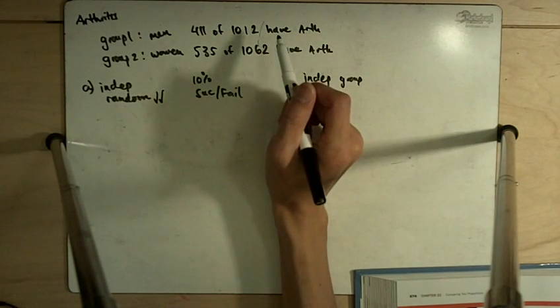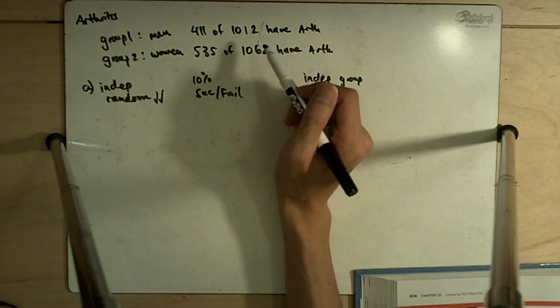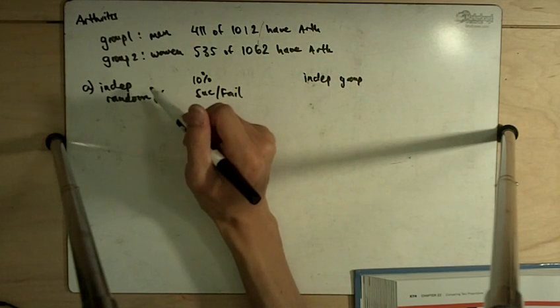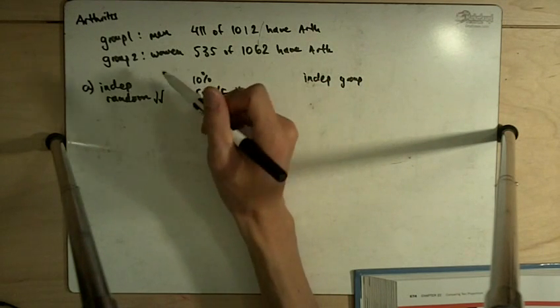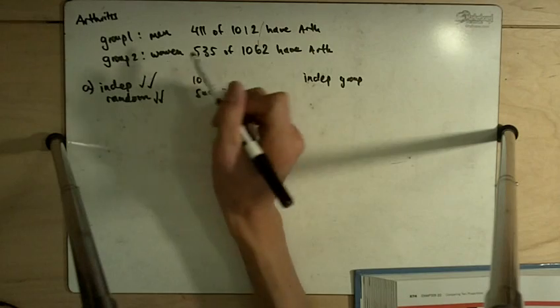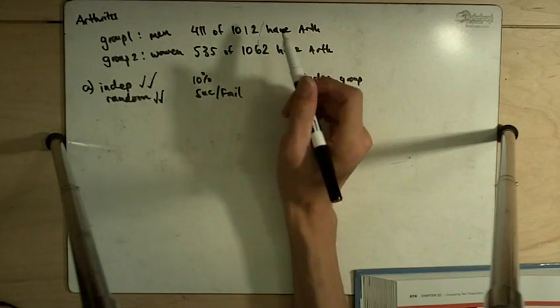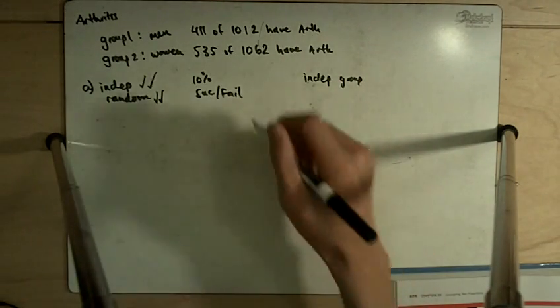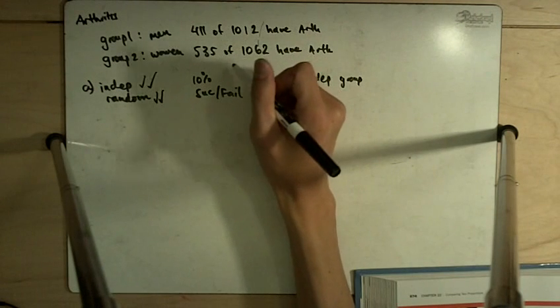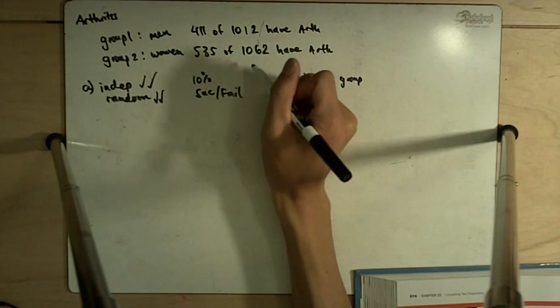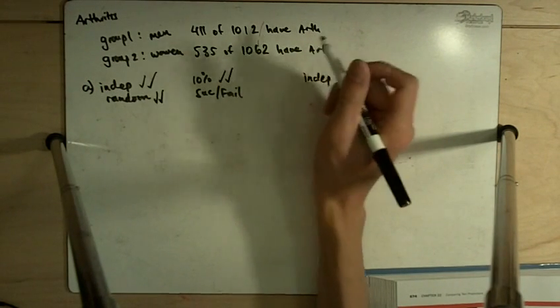It makes sense that the men are independent of each other. Whether one man has arthritis or not should not affect another man. And same goes for the women, so that applies to both groups. 10%, I do not believe we are oversampling by choosing 1,012 or 1,062 in either case.